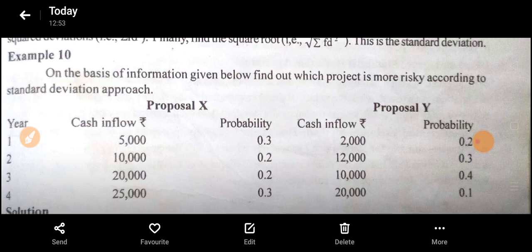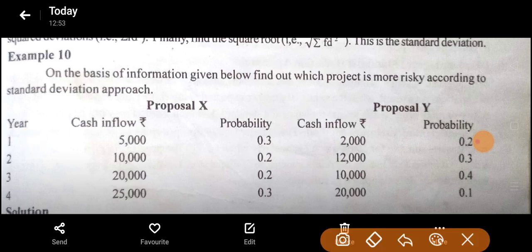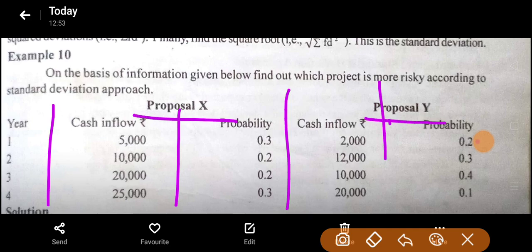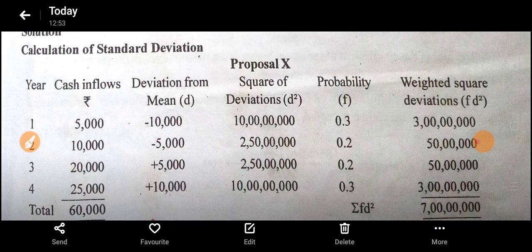Here you can see what kind of information is given: the cash inflows, the probability, and the project X and Y inflows and their probabilities. How can we solve this question easily? We are moving toward that.